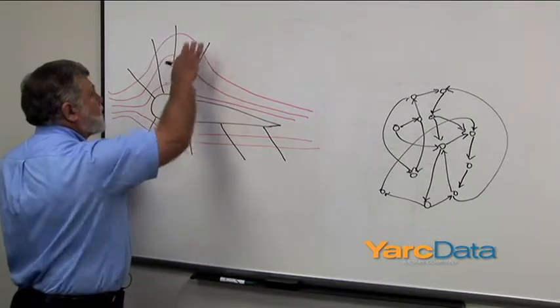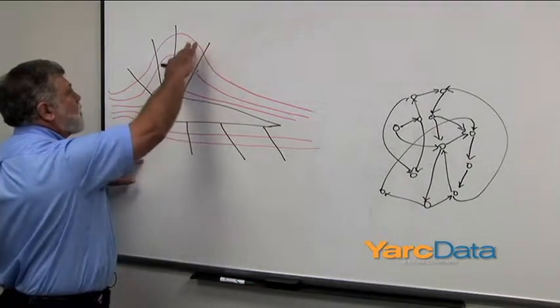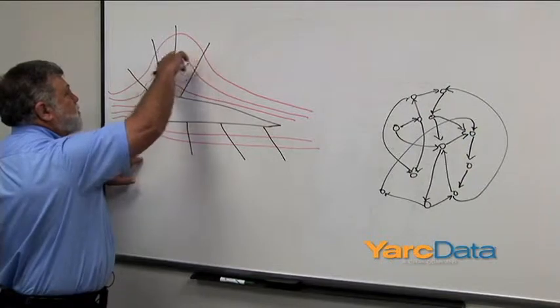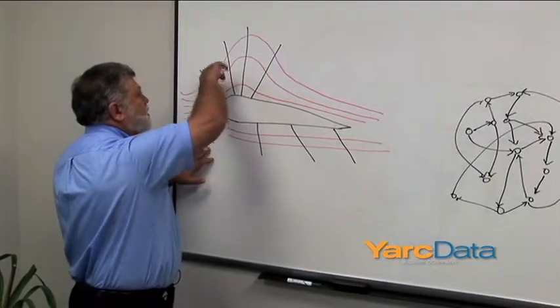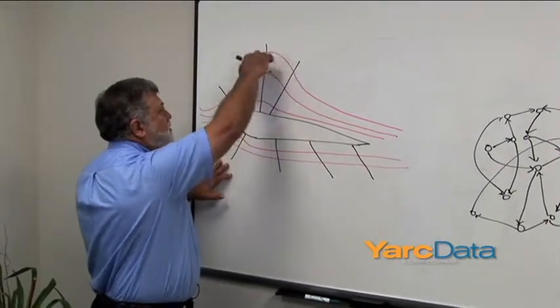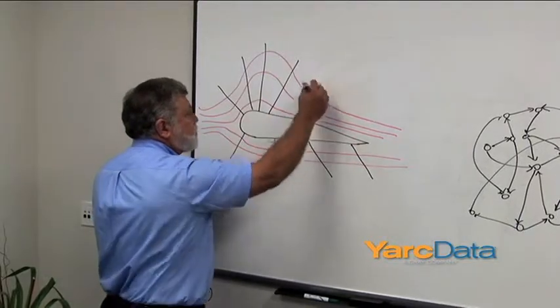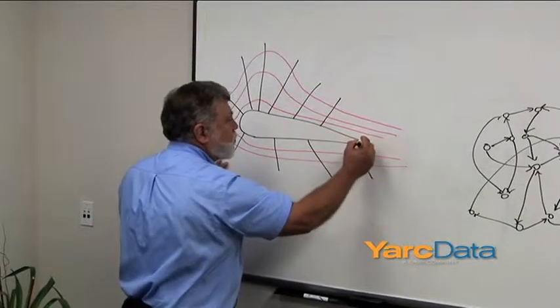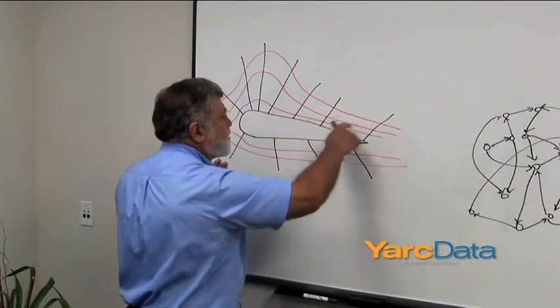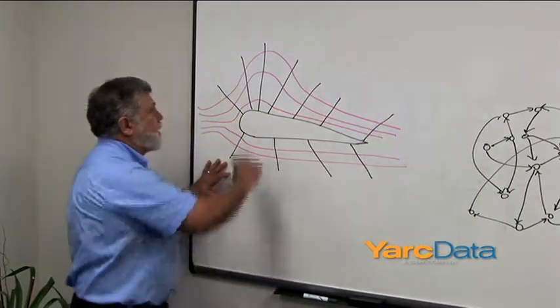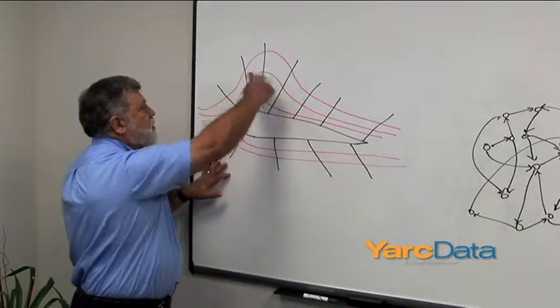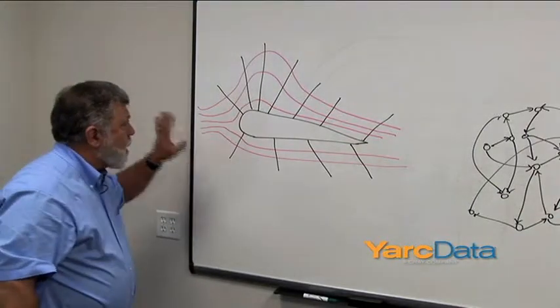Here I'm drawing an arrow and a line to indicate that what's in between each black line is the aerodynamic simulation that's going to go on each processor. So out here where there's less turbulence, one processor might handle more than in the middle here where there's a lot going on.